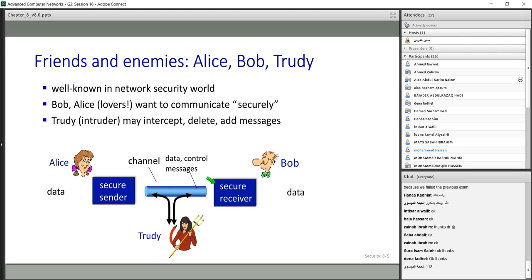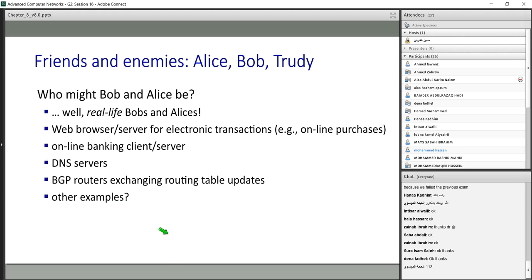So if Alice and Bob want to send their information without any drops or any problem, any altering, any changes, they have to use a secure channel.